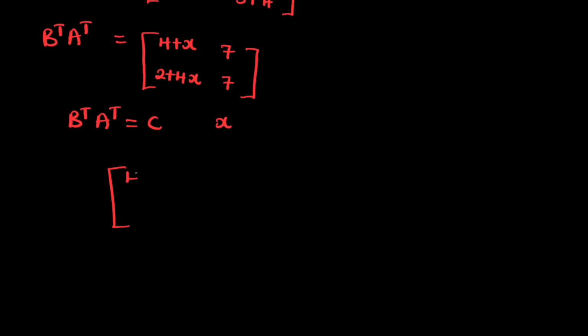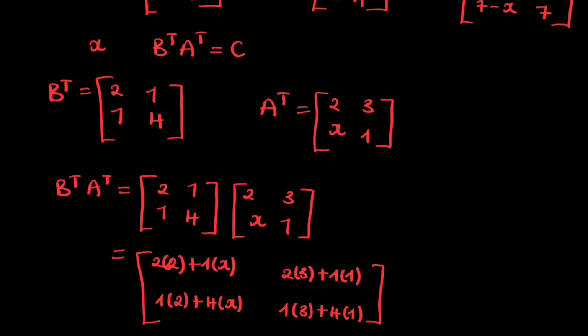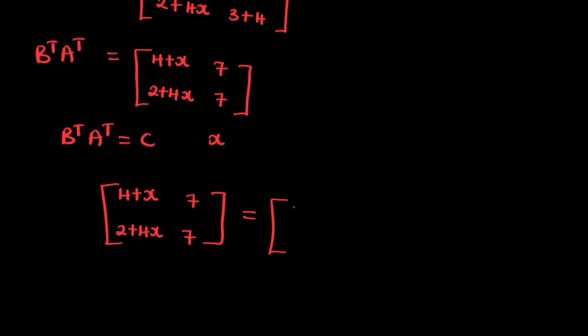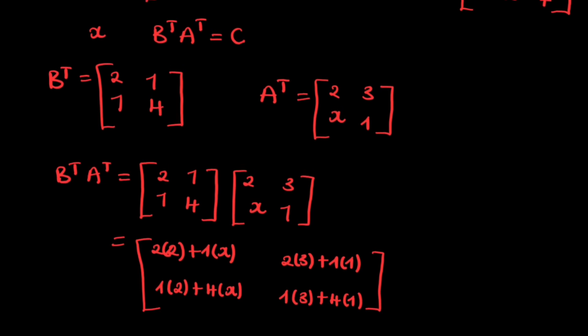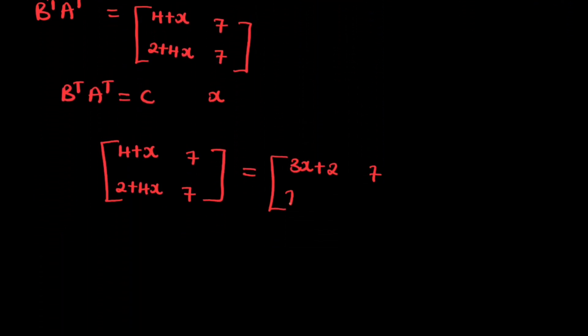B transpose times A transpose, which is 4 plus x, 7, 2 plus 4x, and 7, is equal to C, which is 3x plus 2, 7 minus x, and 7.